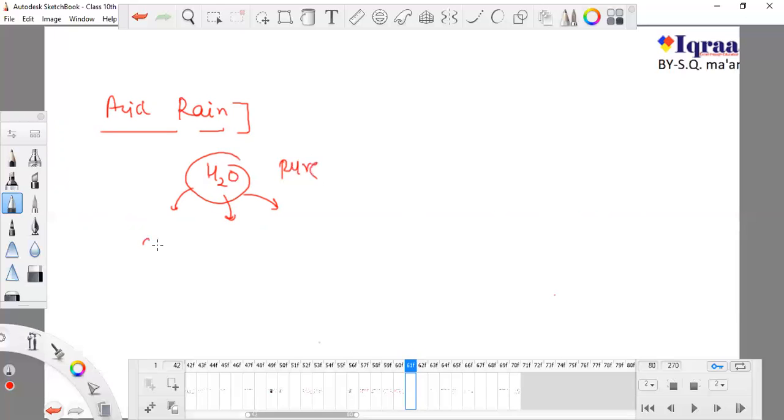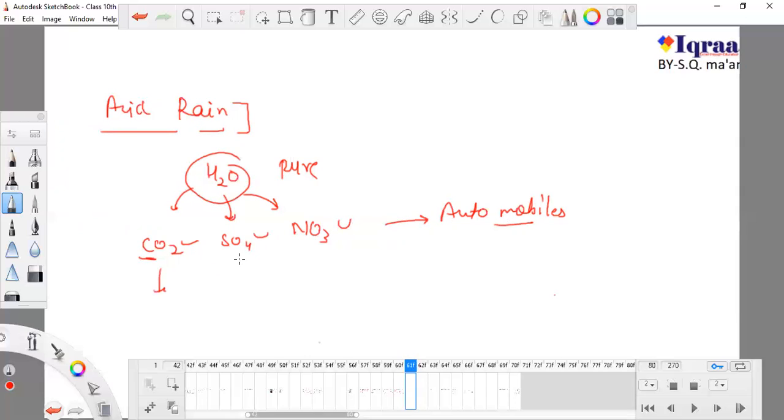But the previously present gases like these, we know about CO2, how it reaches the atmosphere. Automobiles, so many vehicles and so many factories release these gases.